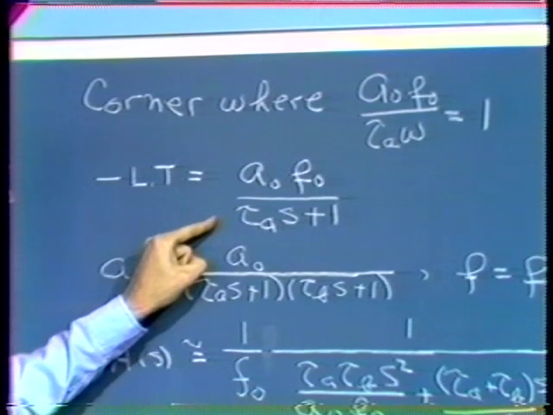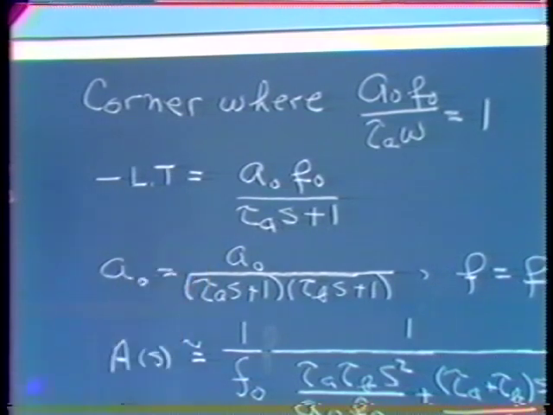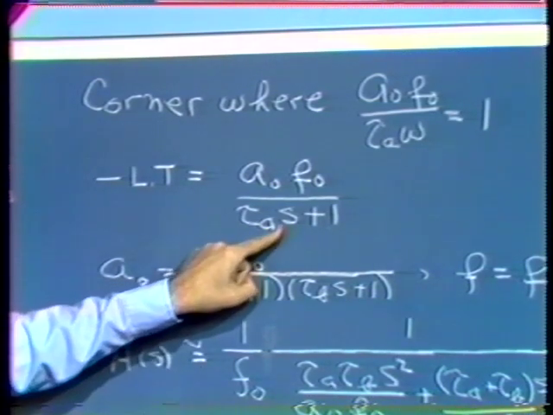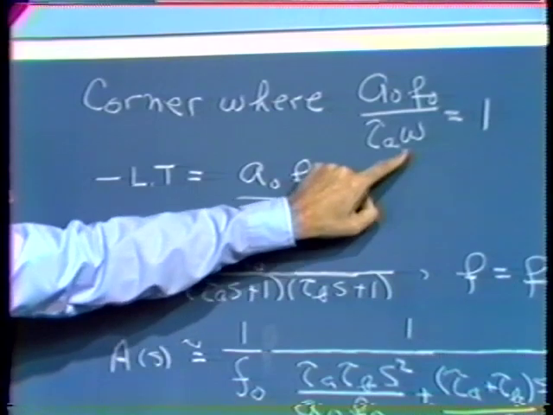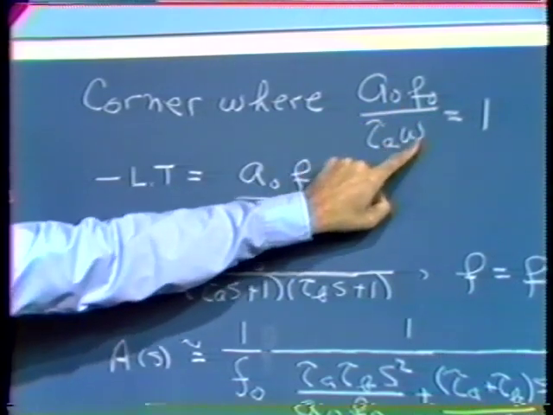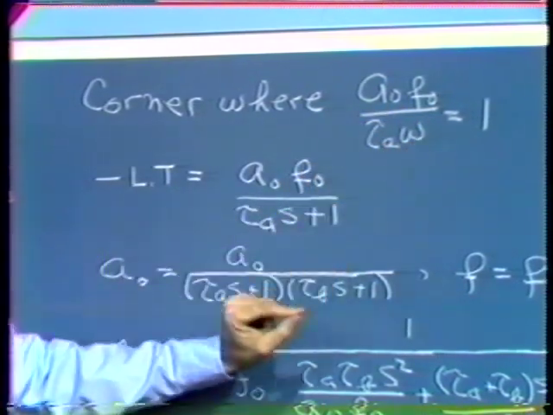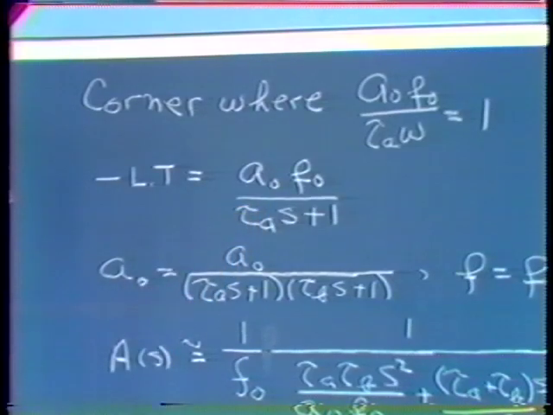And again, we see the same sort of behavior that we've associated with feedback systems before. In particular, when we're at frequencies where the loop transmission magnitude is large compared to 1, in other words, where a naught f naught over tau a omega is large compared to 1, then in fact the closed loop transfer function of the system is approximately 1 over f.